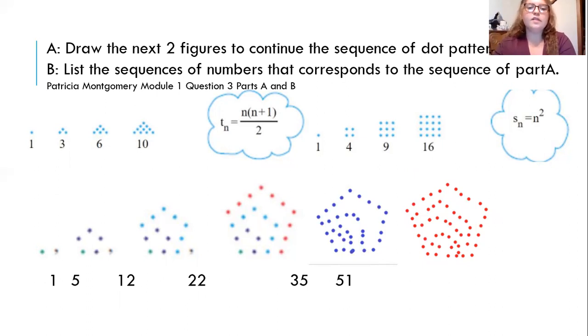So by using that, and then it gave us these first couple on the bottom here, and it says to draw the next two figures, which you can see I've done here in the blue and then the red. I did this by looking at what they gave us and realizing that triangular numbers were triangles, squares were squares. So these are pentagons.